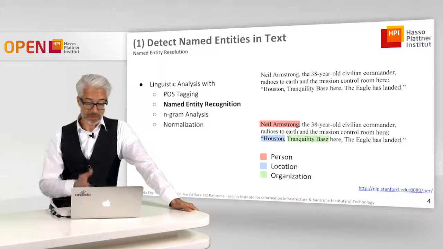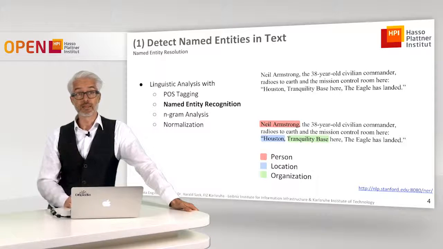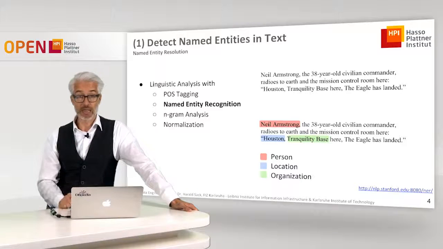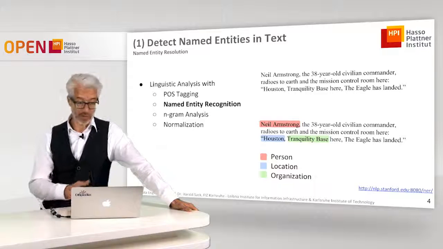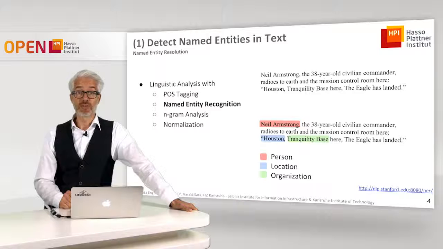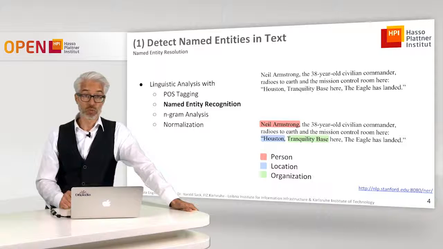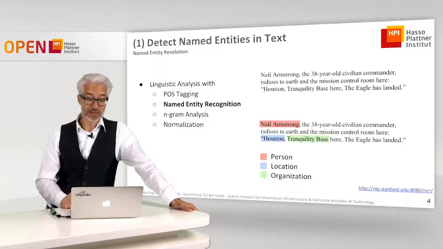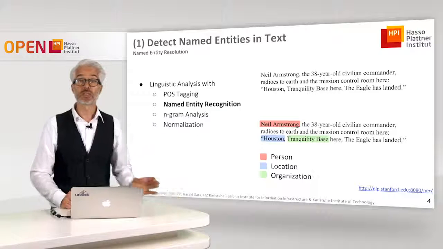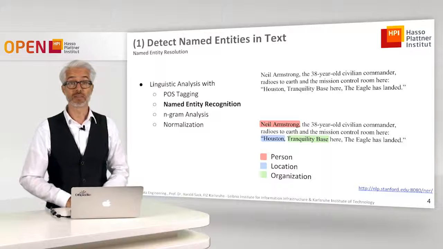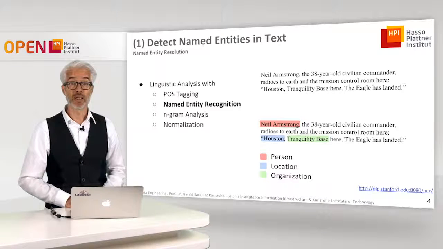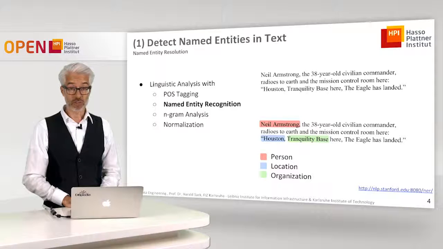Simply copy our text to that link, say named entity recognition, and then, depending on what kind of named entity tagger you choose, here we have one with 3 different categories, a specific category or class will be assigned to an entity. Here we can distinguish between persons, locations, and organizations, and Neil Armstrong has been tagged as person, Houston has been tagged as a location, and Tranquility Base as an organization.